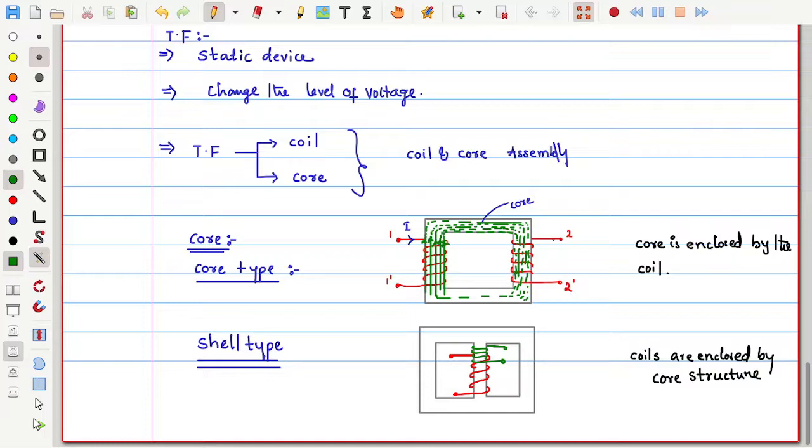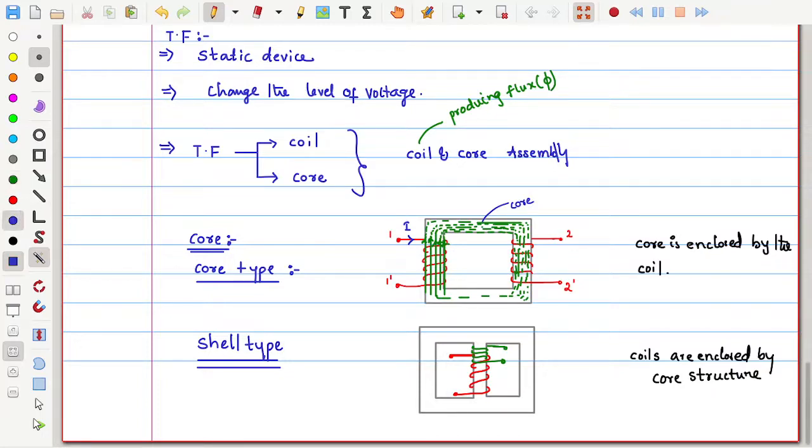So what is the function of the core? The core will confine the flux, which is produced by the coil, inside the core. That is one thing. What is the function of the coil? The coil will produce the flux. Let me write those two points. Coil function is producing the flux. Let me say flux as phi.